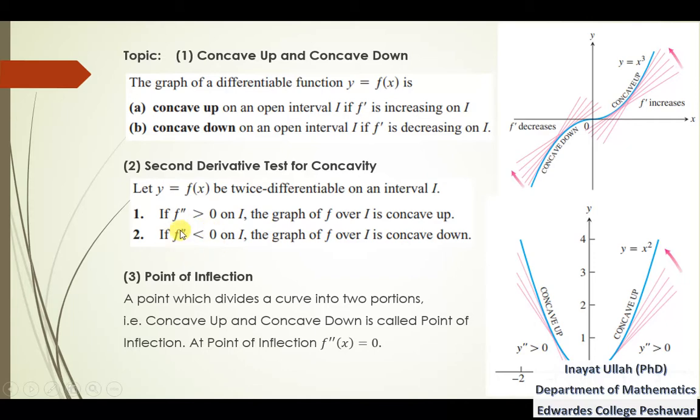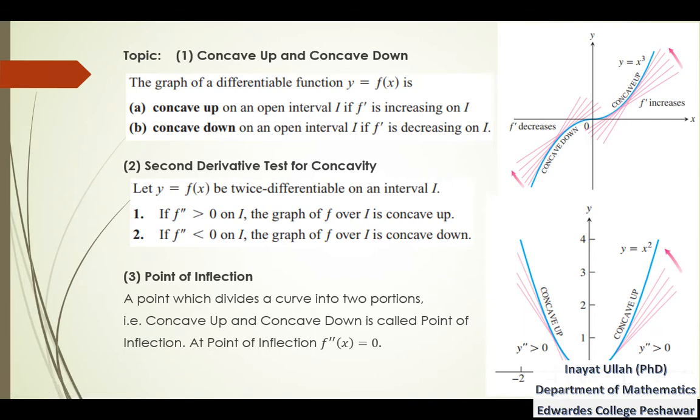So that is how it is written here: whenever f double prime is greater than 0, then we say that the graph of the function is concave up. And whenever f double prime is less than 0, then we say that the graph of the function over the interval I, the values of x over the interval I, is concave down.